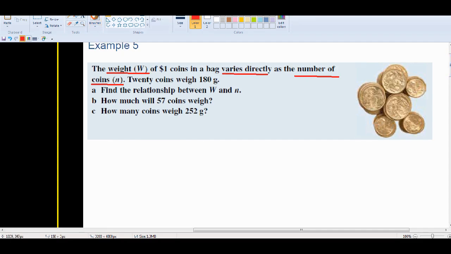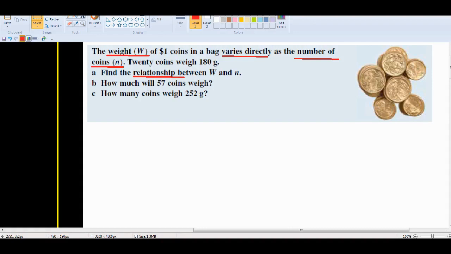The first question, A, is about the relationship between W and n. How could we find the relationship? To find the relationship between W and n, we need to understand that the relationship is a direct proportion.